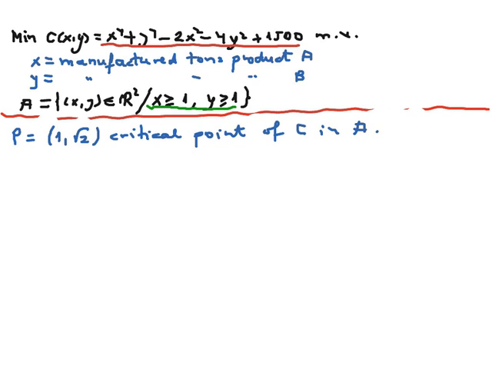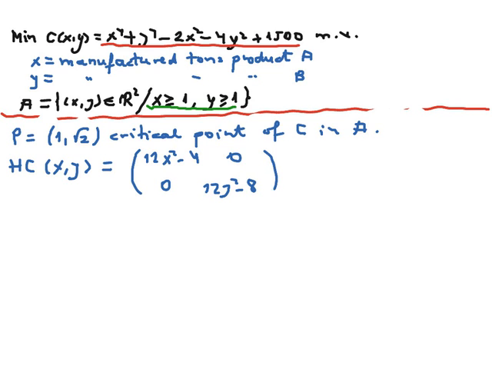To know if it is a local optimum or a saddle point, we must calculate the Hessian matrix. The Hessian of C evaluated at any point is 12x squared minus 4, 0, 0, and 12y squared minus 8.